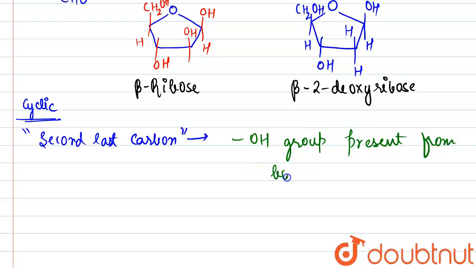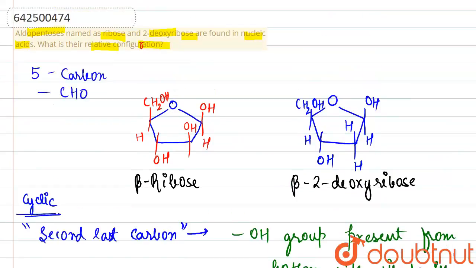What we mean by the second last carbon: if this is the 5th carbon in the beta ribose, like this is first, second, third, fourth and 5th, then we need to see the second last carbon from the bottom side.